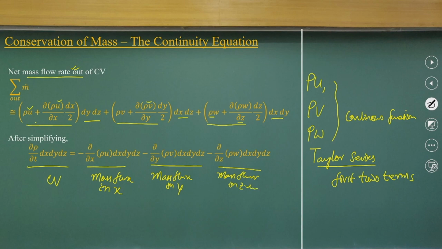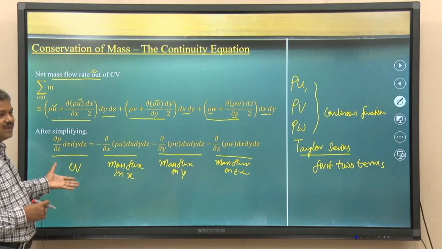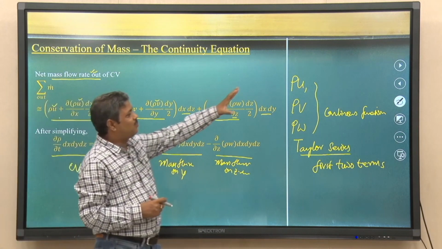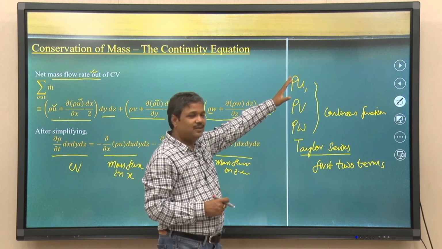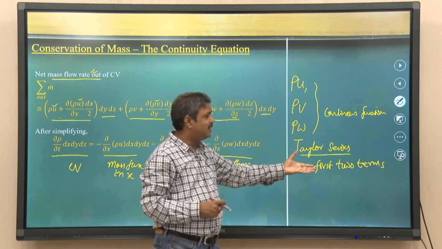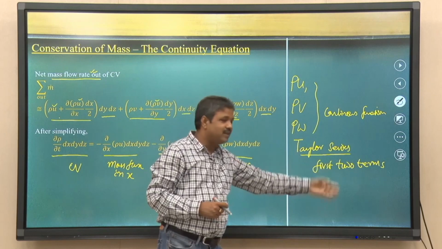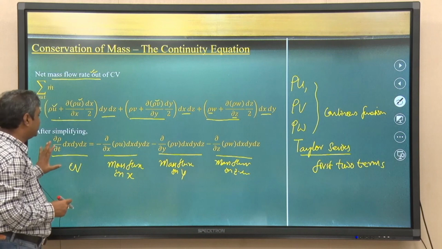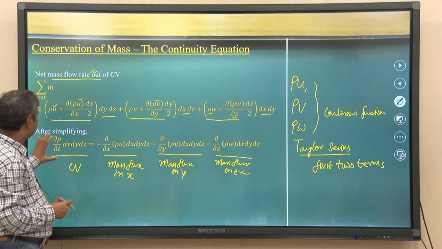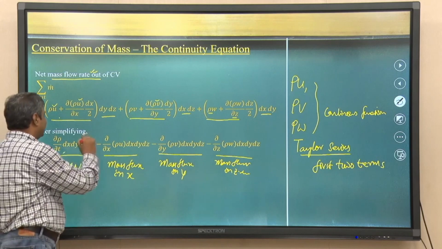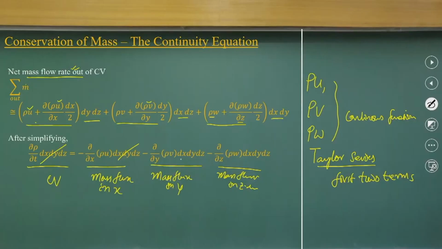So, if you look at it this way, it is the same simple equation we are deriving, considering that rho u, rho v, rho w are continuous functions, Taylor series valid, and we are considering only the first two terms, then we can equate it with a simple form. This is what our equation will give, and you can easily cancel this part. Okay.